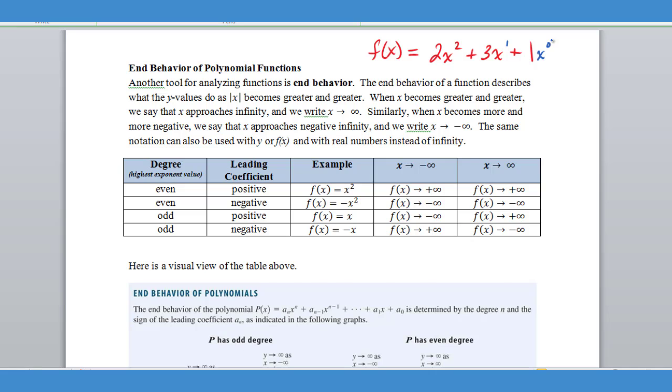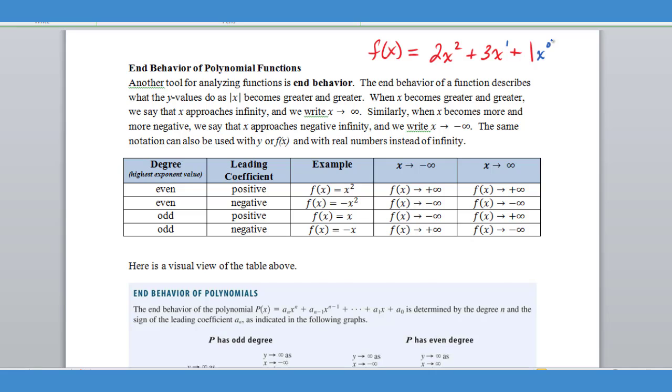So if we write it from highest exponent down to lowest exponent, the highest exponent value when the polynomial is written in standard form is called the degree. The degree of the function is one of the factors that we're looking for to identify the pattern of the end behavior. The second thing that we're going to be looking for is the coefficient that's in front of the first term.